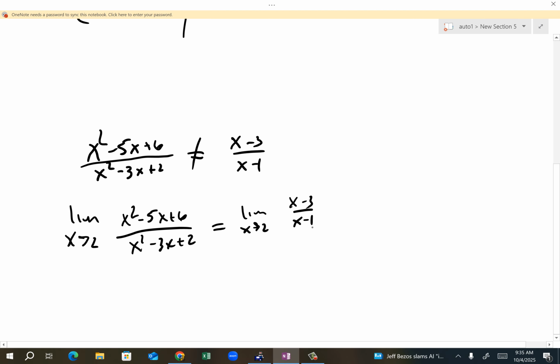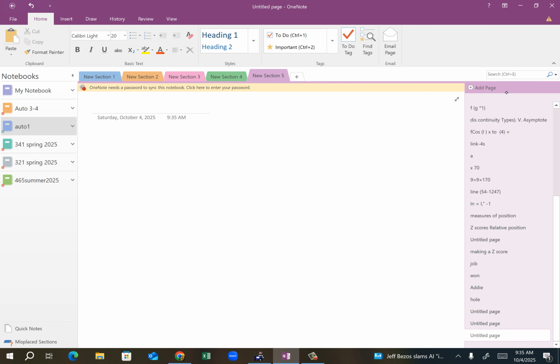Now remember, this one is continuous at x equals 2, correct? And so, because it's continuous, I literally drop a 2 in. Bob's your uncle. Piece of cake.